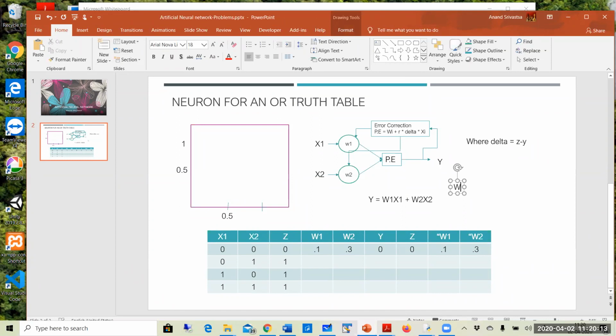The new w is equal to w1 plus learning rate into delta into x1. Now here I have considered the learning rate r is equal to 0.2.